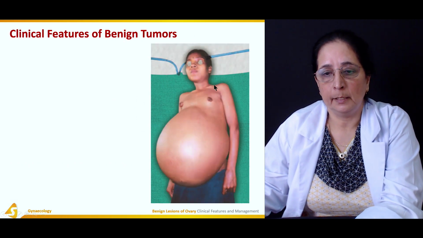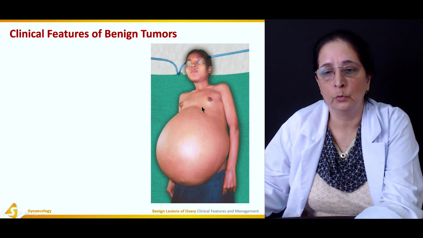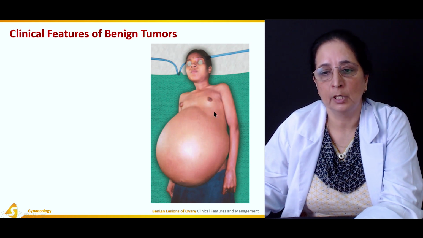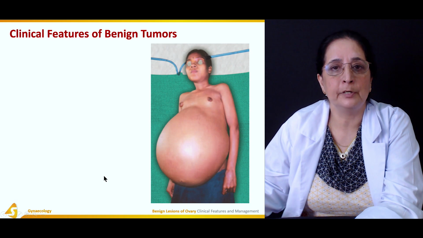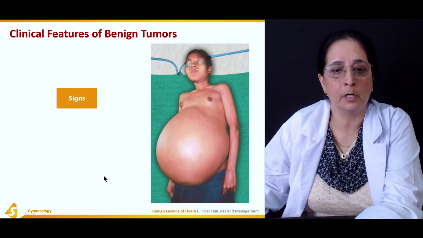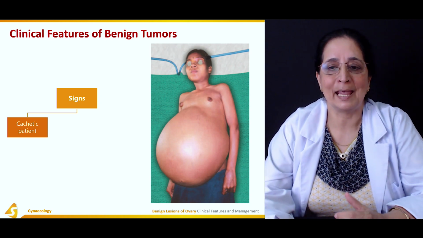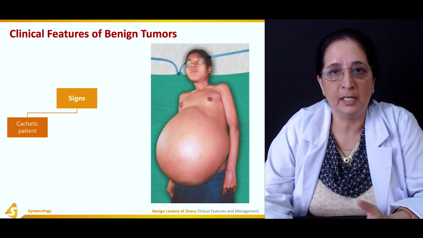This is the picture of a patient with a huge tumor. The abdomen is huge, and this is how the patient presents with the tumor. Usually the signs are that the patient is very cachectic, very weak.